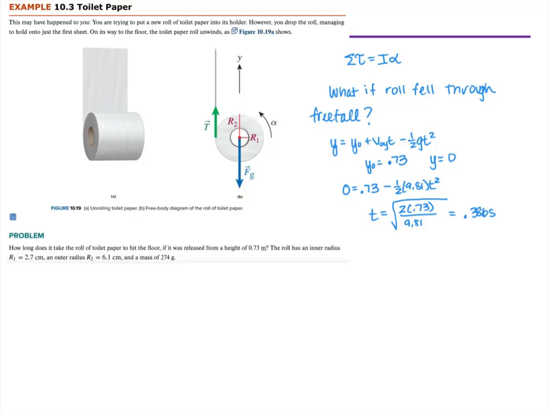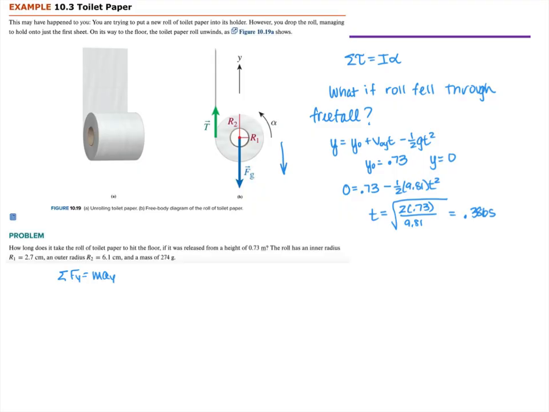Now we're going to look at the forces acting on the toilet roll and also the torques. So first of all, we have forces in the y direction equal the mass times the acceleration in the y direction.